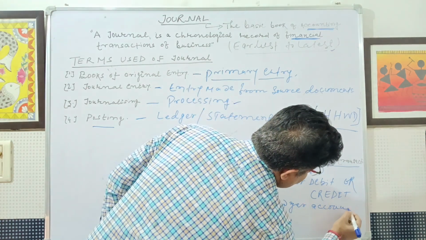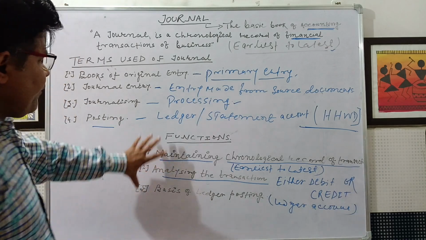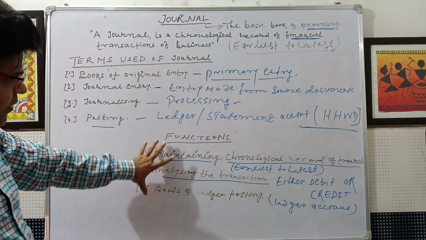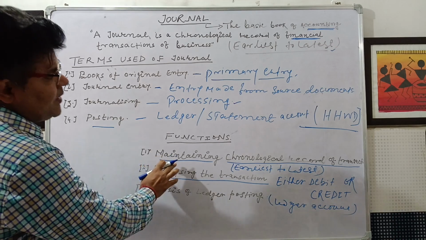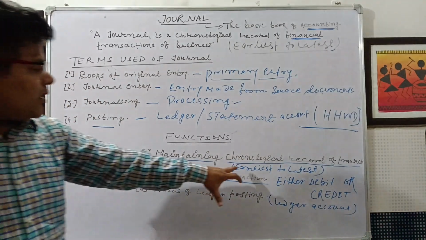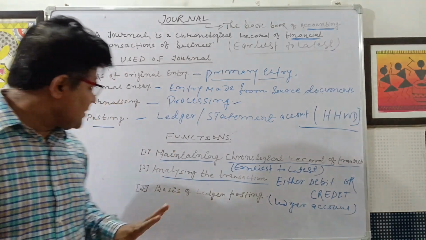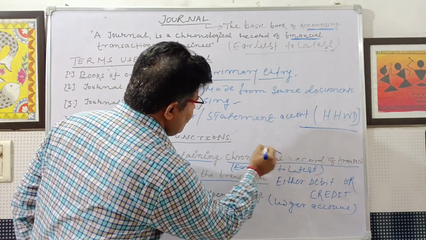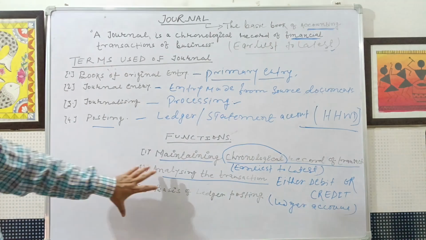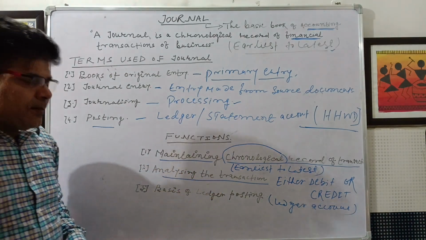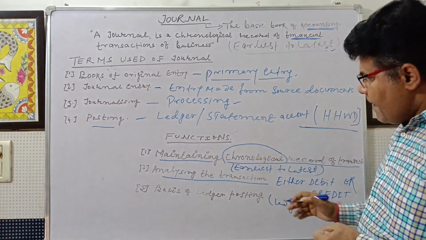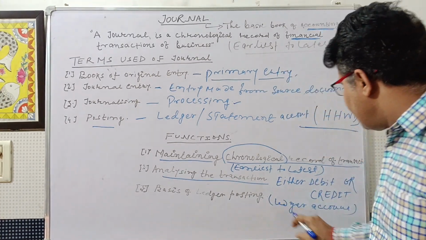These are the functions of journal: maintaining chronological record of transactions, earliest to latest, analyzing and evaluating the transactions, and the basis of ledger posting.